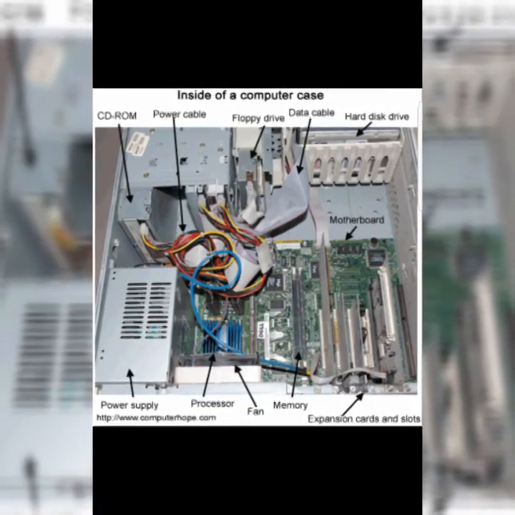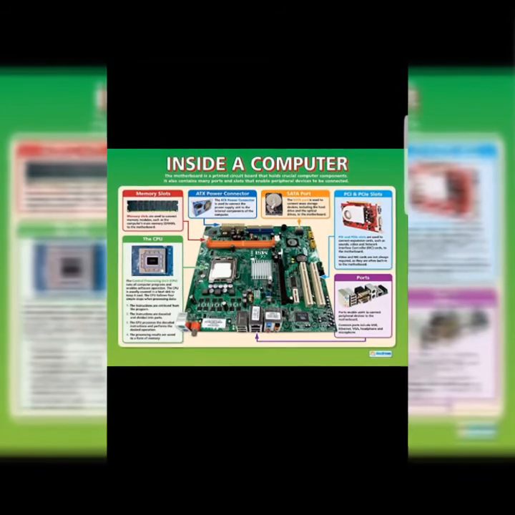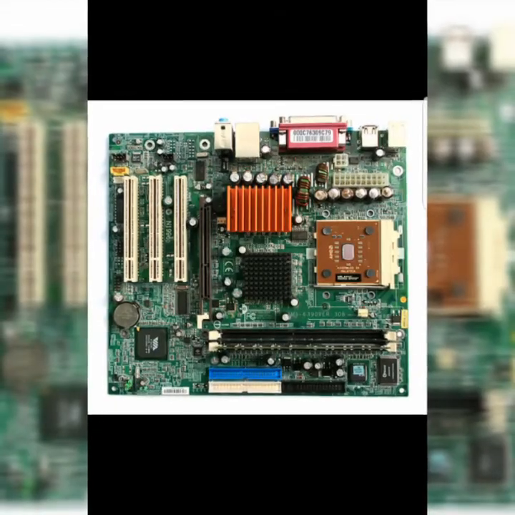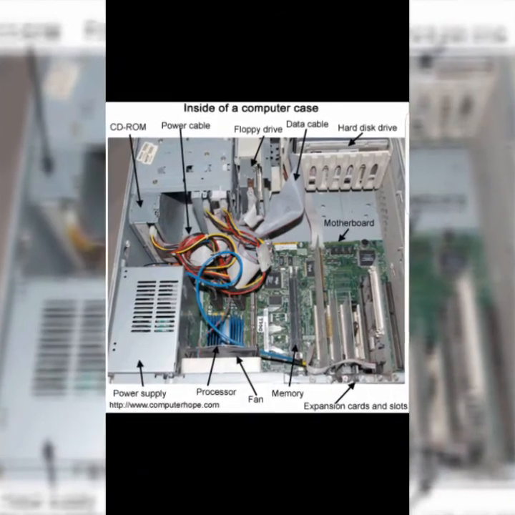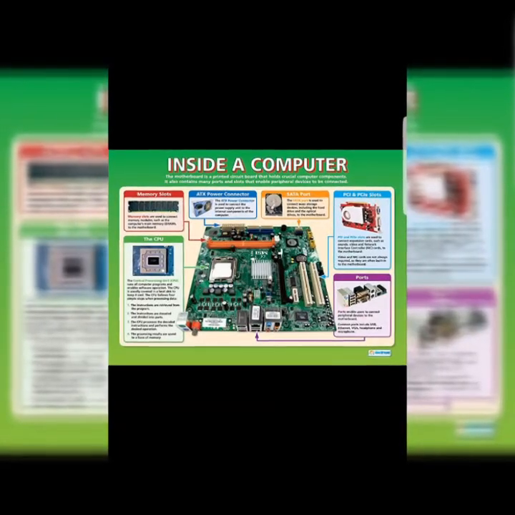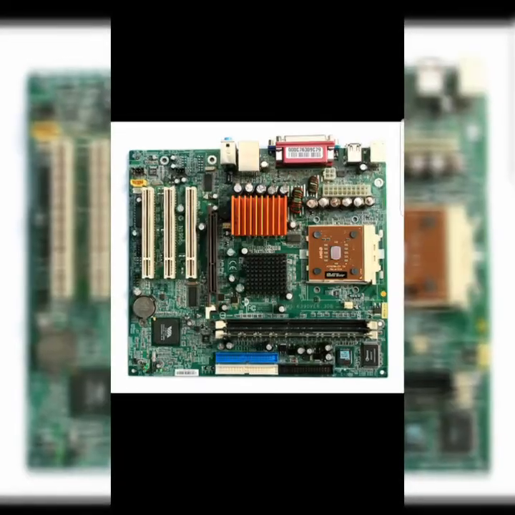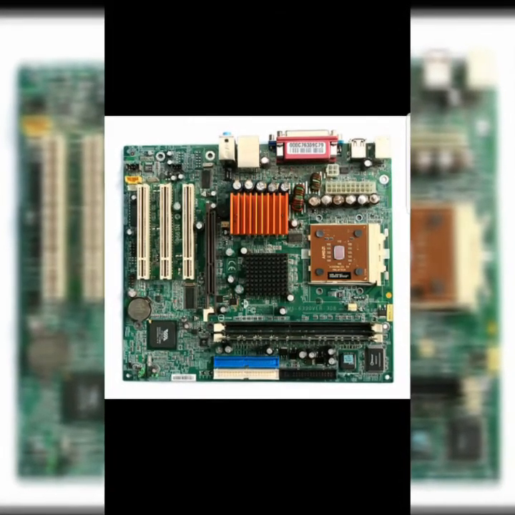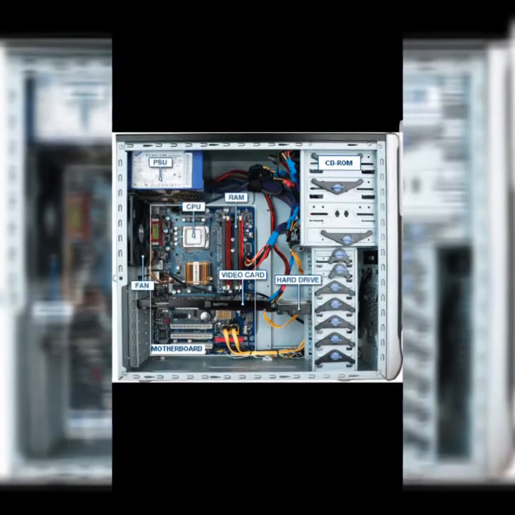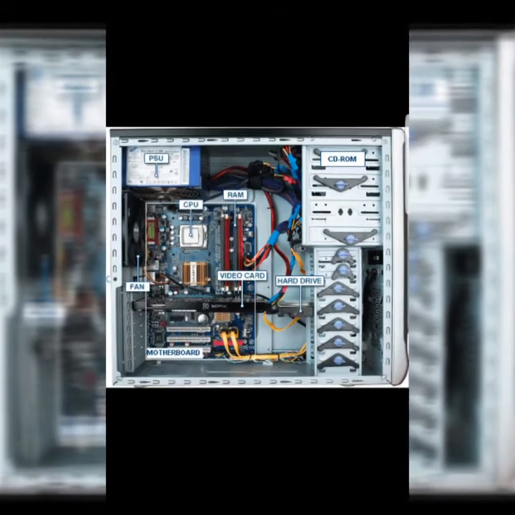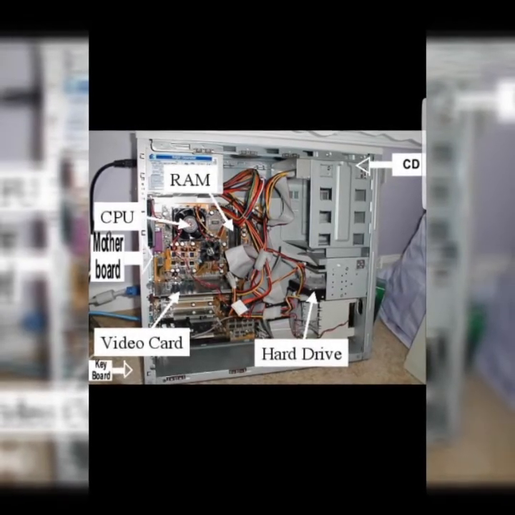These bits may be zeros, ones, or a combination of zeros and ones. 1024 bytes comprise 1 kilobyte, and in the same way 1 megabyte is equal to 1024 kilobytes, 1 gigabyte is equal to 1024 megabytes, 1 terabyte is equal to 1024 gigabytes, and 1 petabyte is equal to 1024 terabytes, and so on.